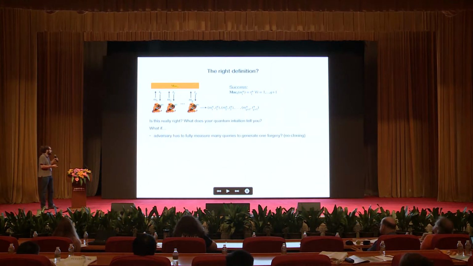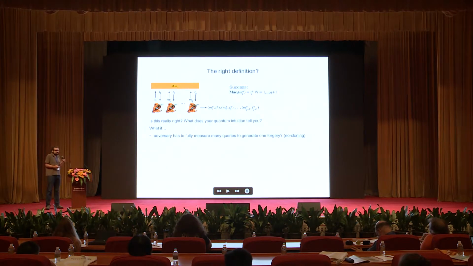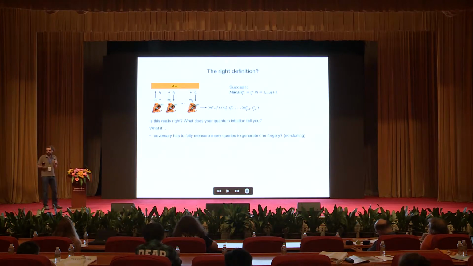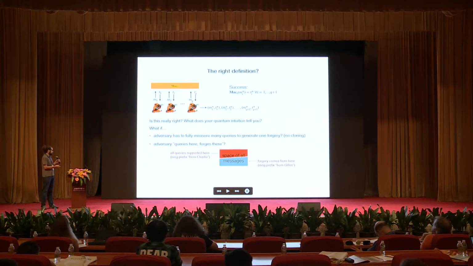So in particular, what happens if an adversary has to make a couple of queries and then fully measure them in some basis to generate a forgery? That way, it seems like they maybe came up with a fresh one, but destroyed all their state to do this. So then maybe they cannot win this game, but in some sense they should be counted as successful forgers.